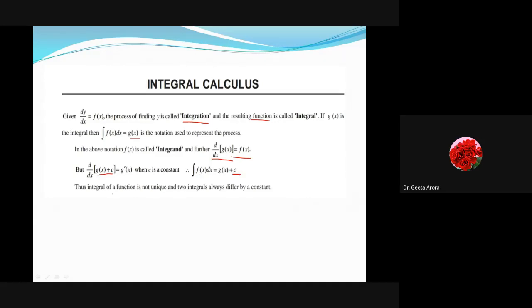That's why we are saying that the integral is not unique. We know that the derivative of a function is unique, but the integration of a function is not unique, and that's why we say two integrals always differ by a constant. So whenever we are integrating a function, we add a constant because of this reality that two integrals always differ by a constant.